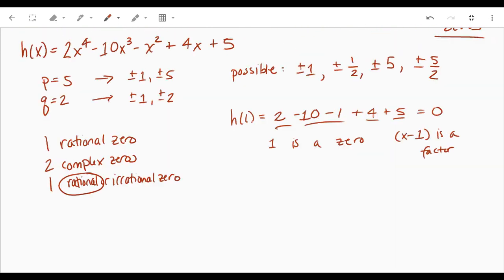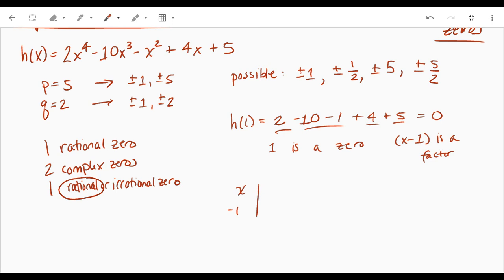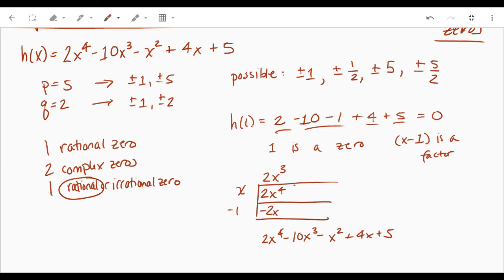So x minus 1, okay, and our goal is h of x, so 2x to the 4th minus 10x cubed minus x squared plus 4x plus 5. So 2x to the 4th. Okay, so 2x cubed minus 2x cubed. Okay, and then we'll have minus 8x cubed.